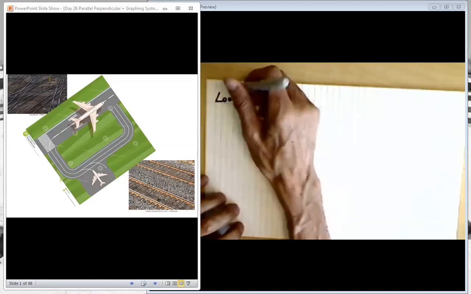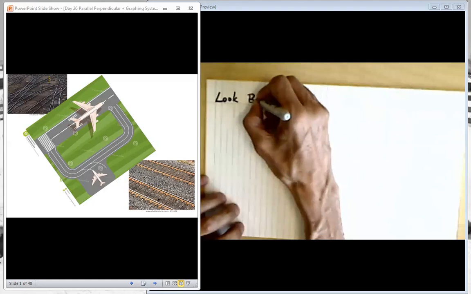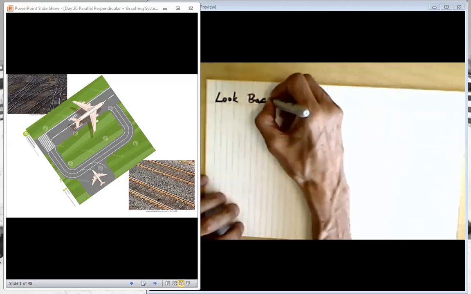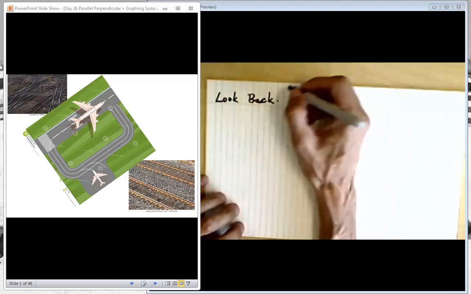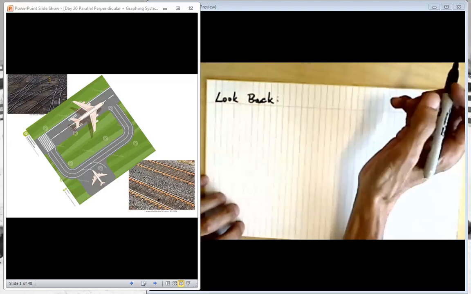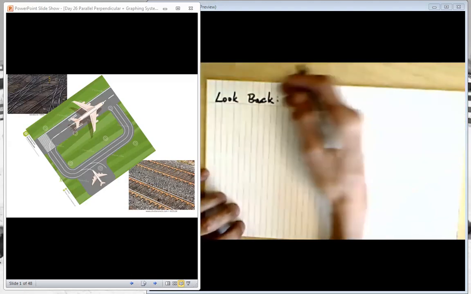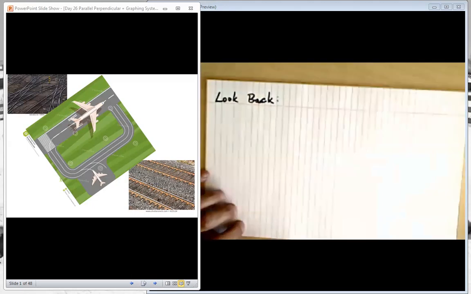Now, to get ready for today, look back, look at your book. Could someone help me out? I'd like to fill this page a bit here. What was the equation for slope intercept? How does that look?